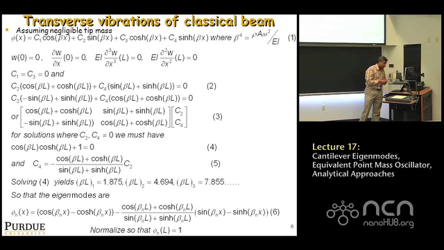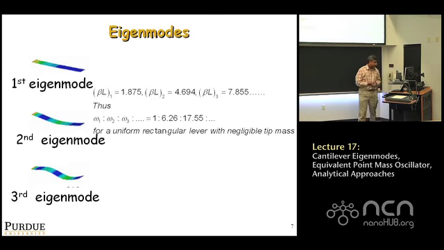Okay? So for every beta value, the corresponding shape is given by this expression. You need to plug in the corresponding beta value and you get a certain shape out of it. Okay? So if you do this, what you get is this. The first eigenmode corresponds to it just moving up and down, where beta L1 is 1.875.